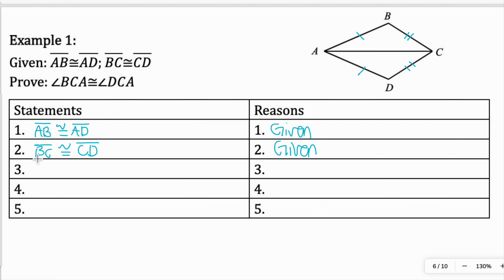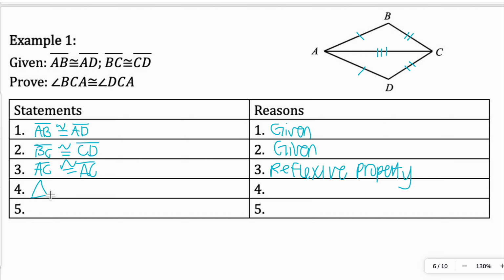Next, step 3, I'm going to say AC is congruent to AC using the reflexive property. If you want to, you can also give those some tick marks. Right now, I'm showing that those triangles are congruent because of side, side, side.